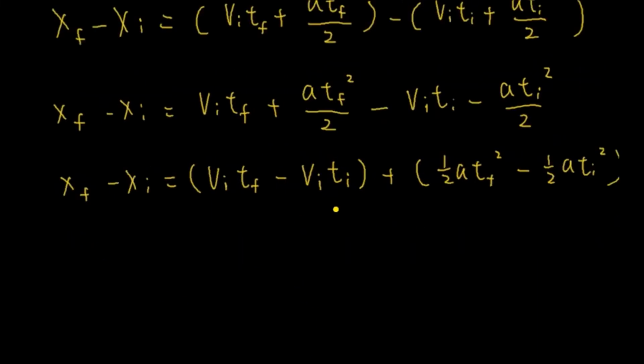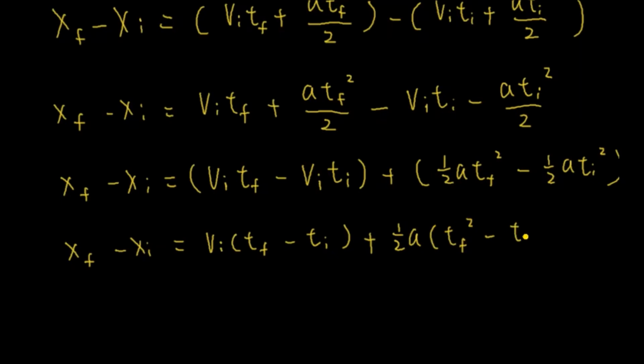Okay, so now let's factor out the common factor here. So x of f minus x of i, final position minus initial position, equals v sub i times t final minus t initial plus half a times t final squared minus t initial squared.